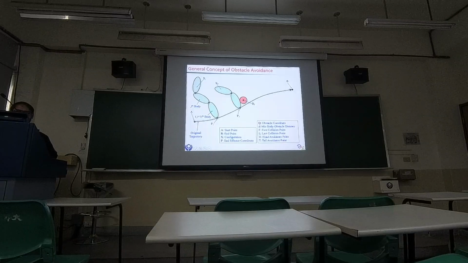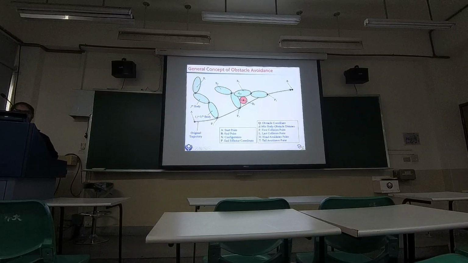Then there will be the first collision point, which is the point where it initially collides with the obstacle. This is the distance between the main body and the obstacle. PF is the main obstacle distance between the main body and the obstacle coordinate, or the center of the obstacle.